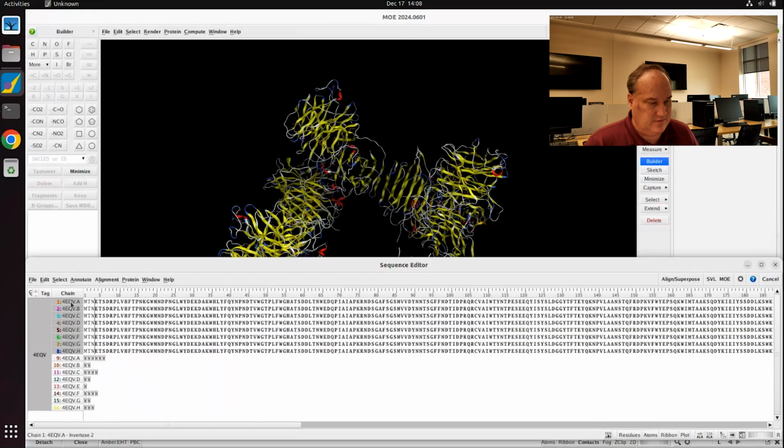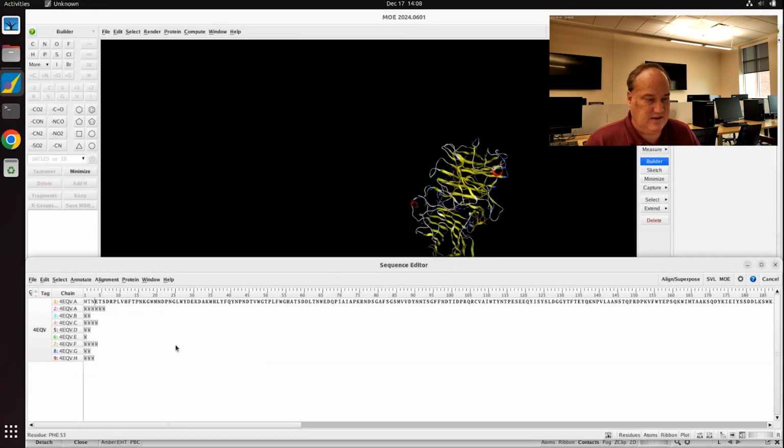The first thing we'll notice is all 8 of these sequences are identical. So that's basically a homo-octamer. All we need is one of them because they are identical. We're going to highlight B through H and delete these. All we need is that first one.